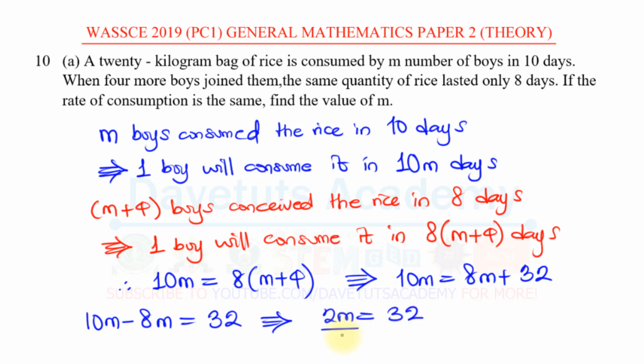By the time we divide both sides by 2, M will be 16. It's just a matter of understanding how to interpret this question and solve it in the mathematical method. So the value of M that we're asked to find is 16.